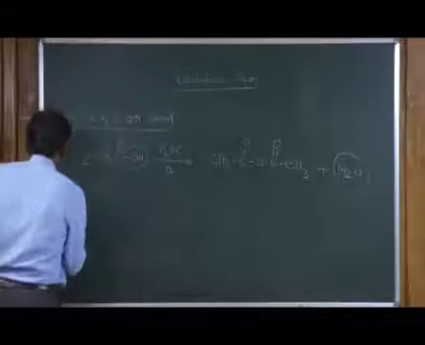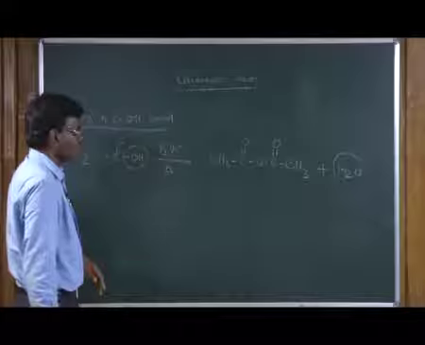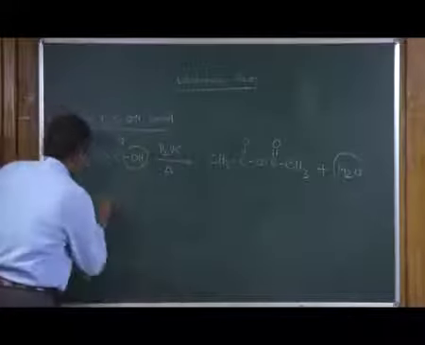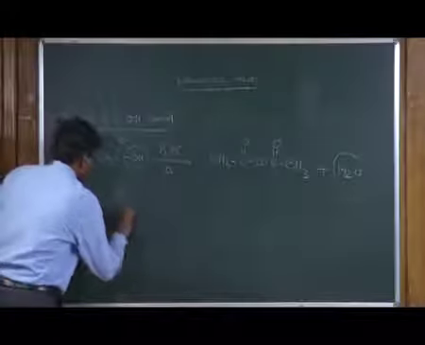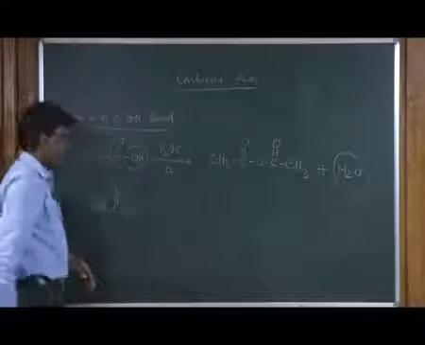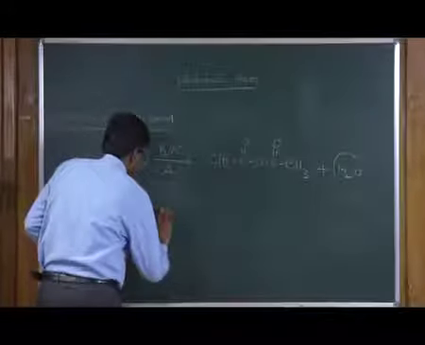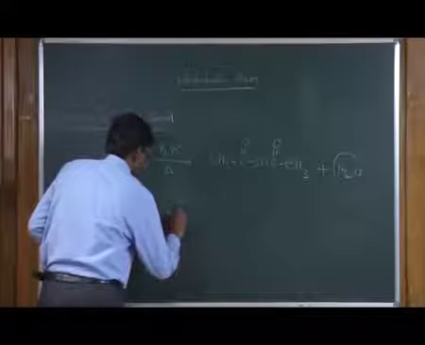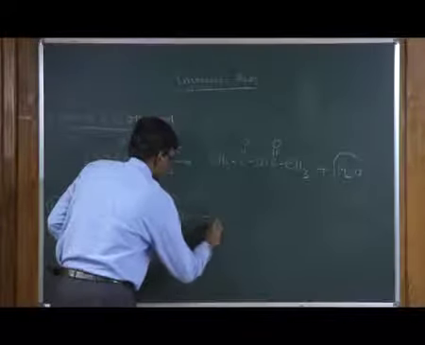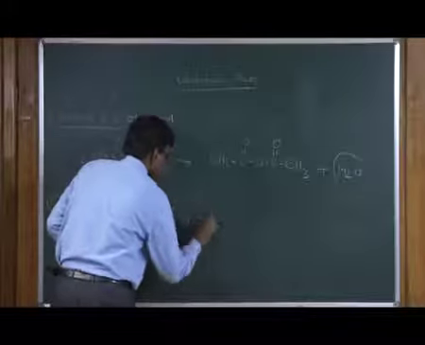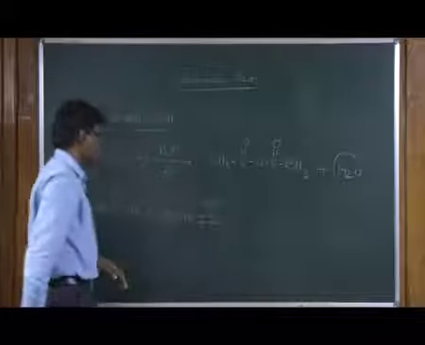The second reaction is esterification. If you have a carboxylic acid, for example, ethanoic acid, you can react it with an alcohol, for example, methanol, in the presence of acid or base. It is a reversible reaction.